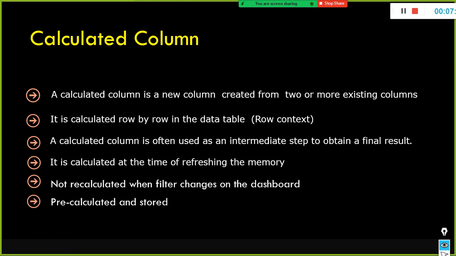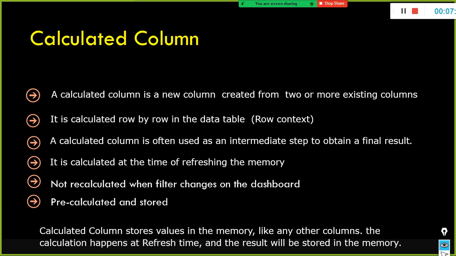The calculation of this column will happen only at the time of refreshing, when you refresh the report manually or when you schedule a refresh in the Power BI cloud service. It will perform the calculation once again if you refresh it.